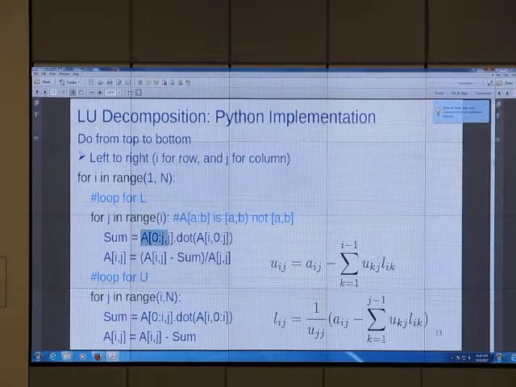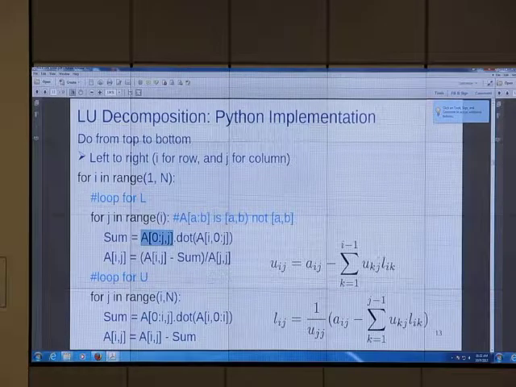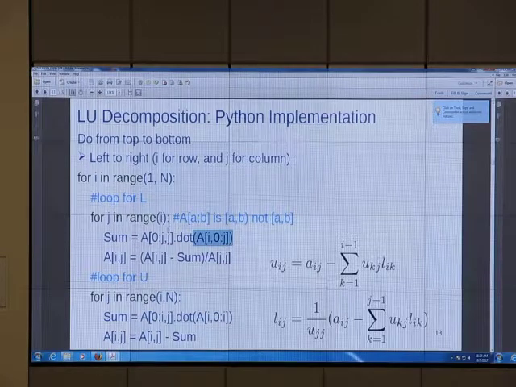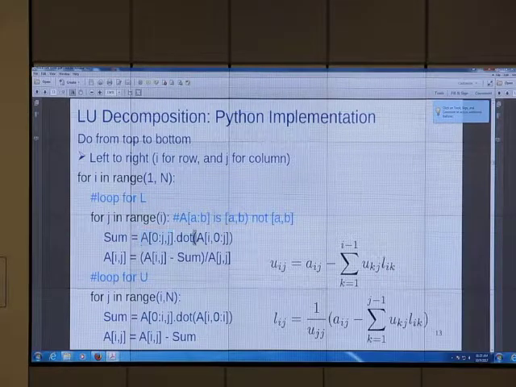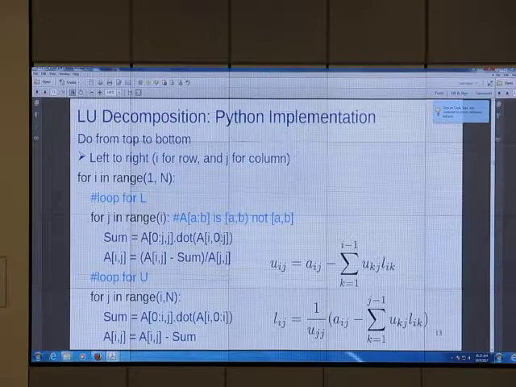So this means column j dot with column i. So column j may have n. So the first one will have the dimension of many rows and one column. And this one has one column and then one row and many columns. Can we dot like that?